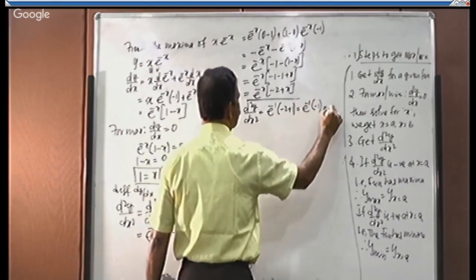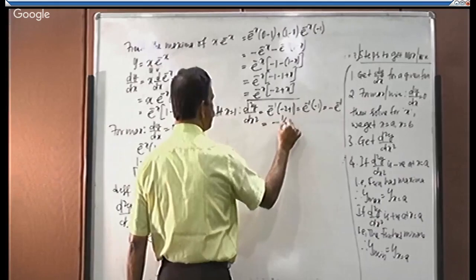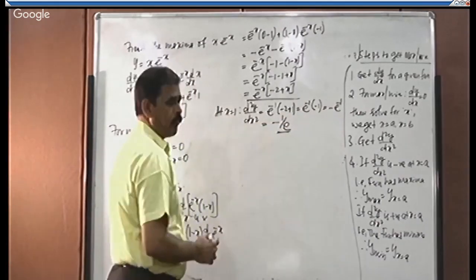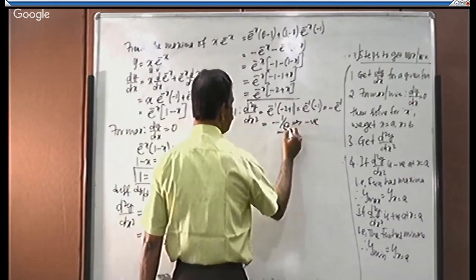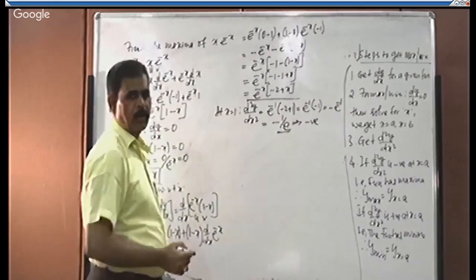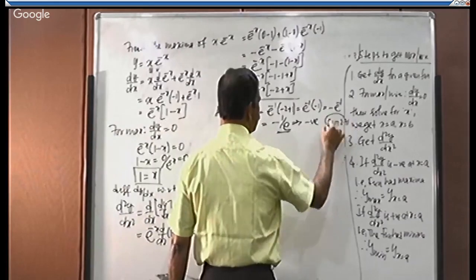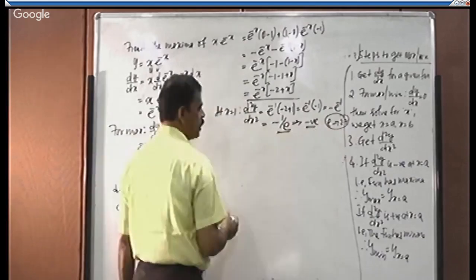It becomes minus e power minus 1, otherwise minus of 1 by e. It is negative, correct? We got negative because e is the exponential value, around 2.71. So 1 by 2.71 with a minus sign, so you will get negative only.